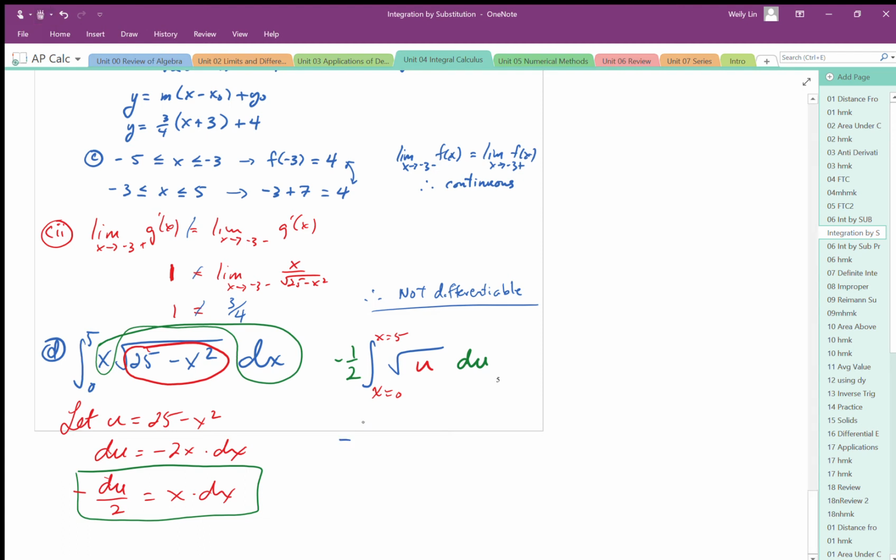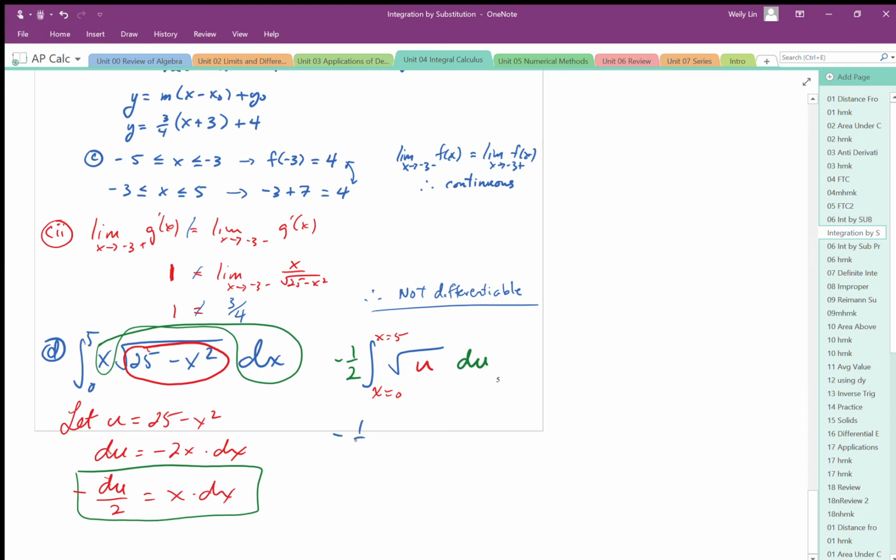So I end up with negative 1/2 from x equals 0 to x equals 5 of u to the power 1/2 du. Well, sorry, I have to anti-differentiate this first, don't I? So I'm going to anti-differentiate this before I substitute back for u.